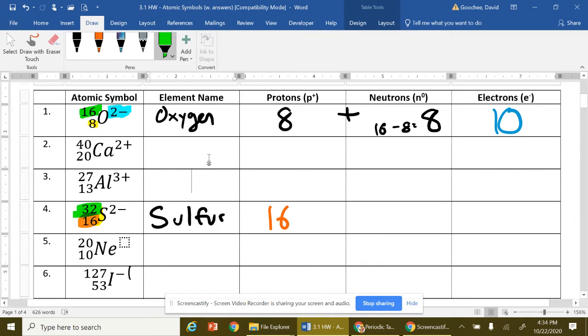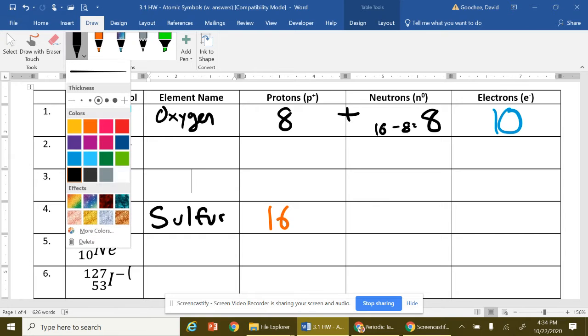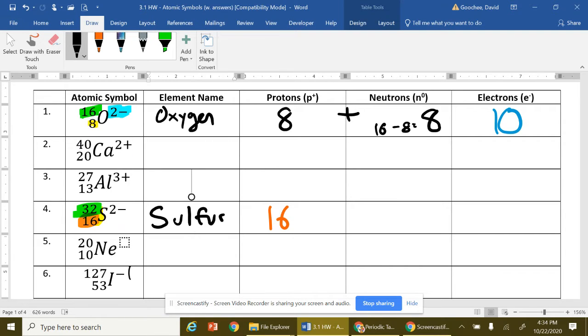So it says here the mass is 32, and that is the protons, of which there are 16, plus the neutrons, which we don't know. So what does the number of neutrons need to be? It needs to be 16, because 16 protons plus 16 neutrons gets us a mass of 32.